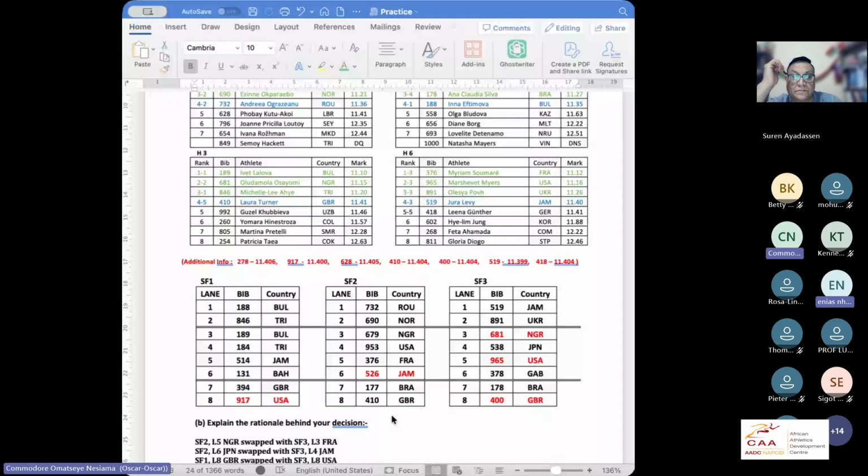What Peter, that document Peter sent last, will help us. When we start filling them, we will see some of these things. The lane distribution for the 8-lane tracks and that for the 9-lane tracks is not too complicated.